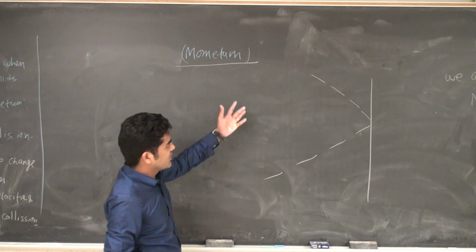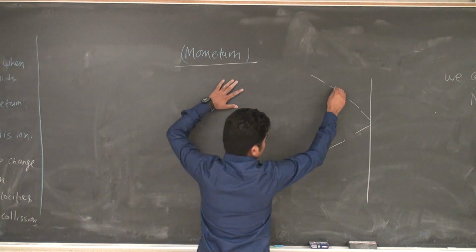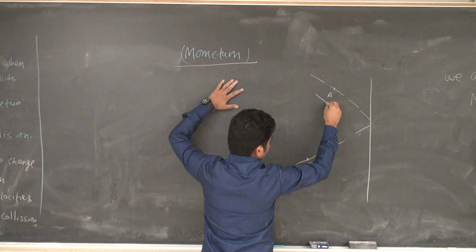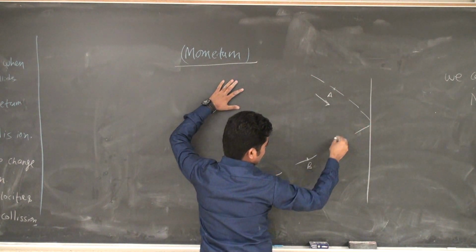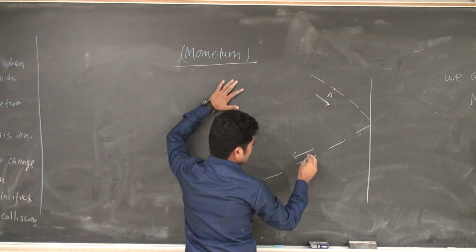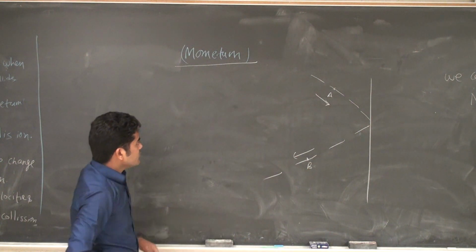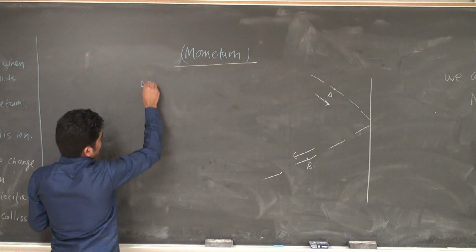In our last lab we already captured these motion pictures. Let's say this is point A and this is point B. It is moving from this direction and strikes the wall, then changes direction and goes in the direction of B. We are going to calculate the change in momentum in this case.